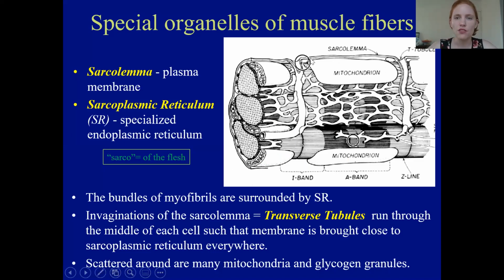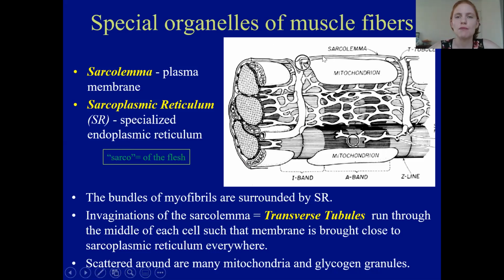So on the surface, the plasma membrane, the outer boundary of the cell, is called the sarcolemma. You're going to notice that there's a lot of sarcos in these names, and that's because sarco means flesh, and flesh is like muscle of the body.